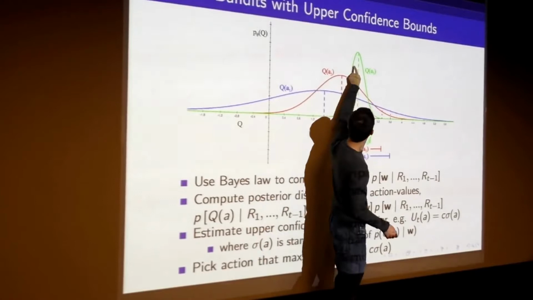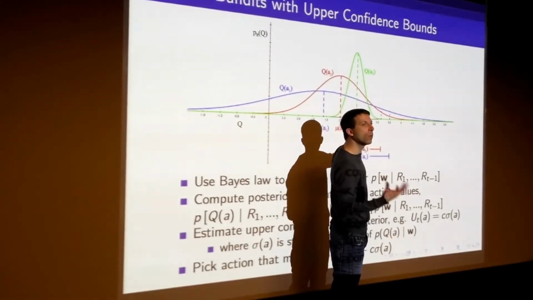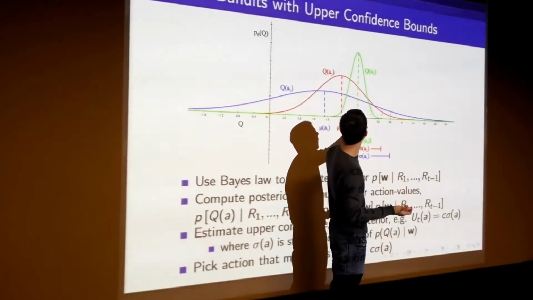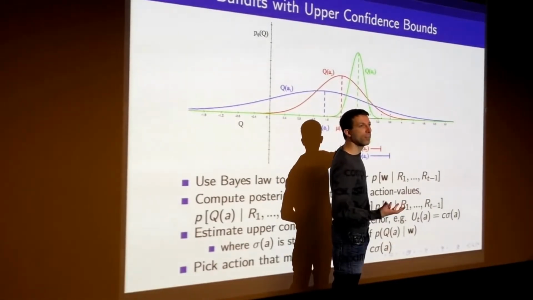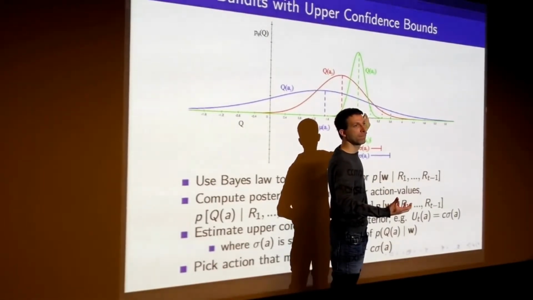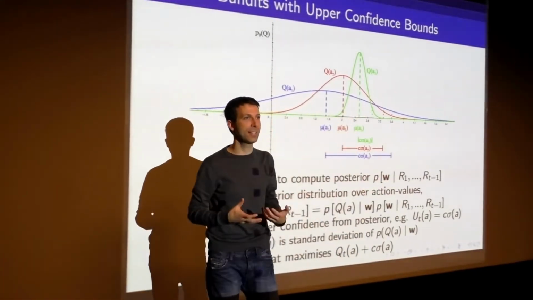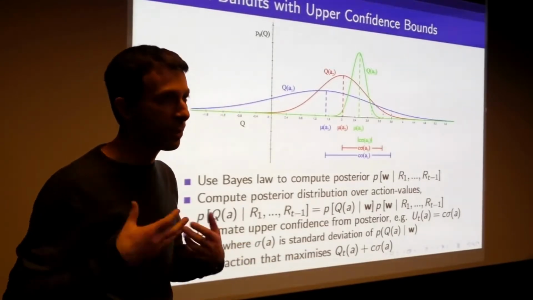Then I randomly sample from this one, and I end up picking something which is, say, here. Now all I do is look at my samples. I've got one here, one here, one here. I just pick the one which was best out of my samples, and I go with that action. So it's almost the simplest way you could think of to use this information, and yet it's asymptotically optimal. It achieves that lower bound that we saw with the Bernoulli bandit case.